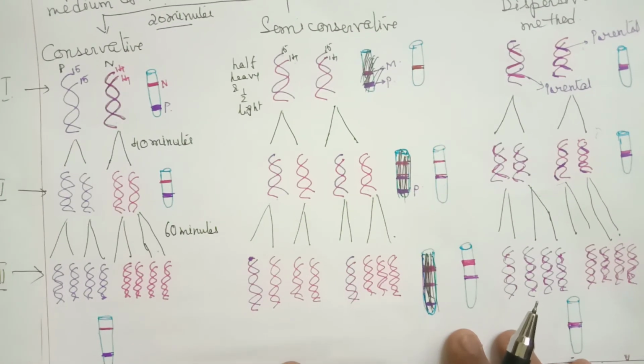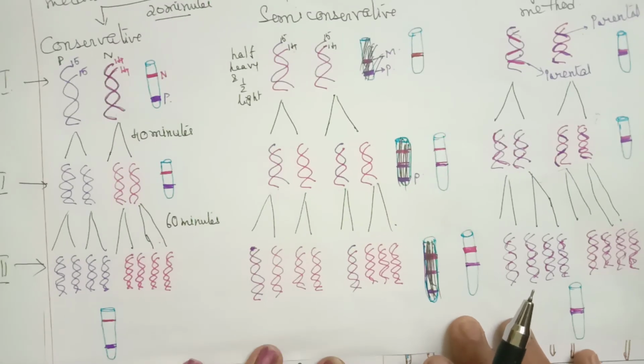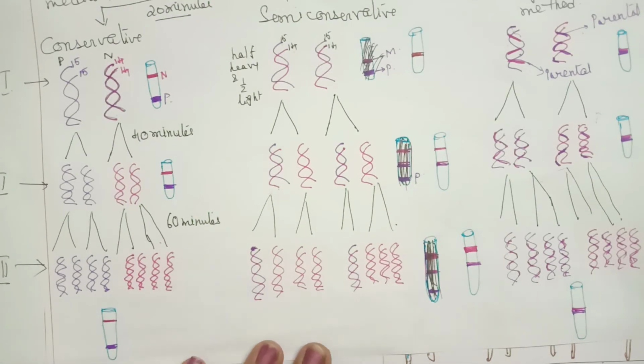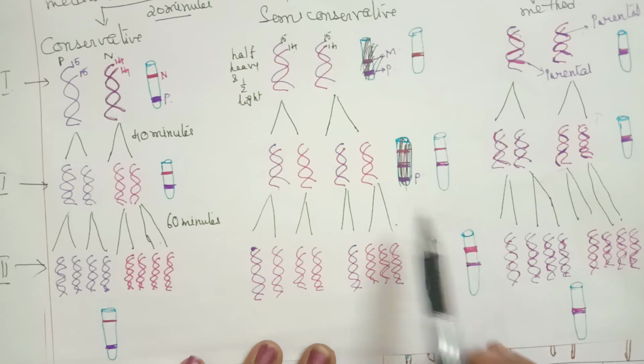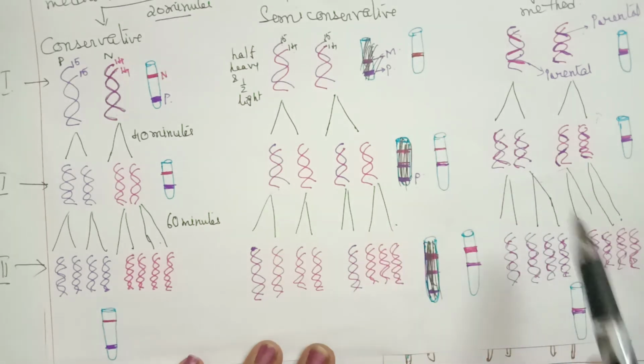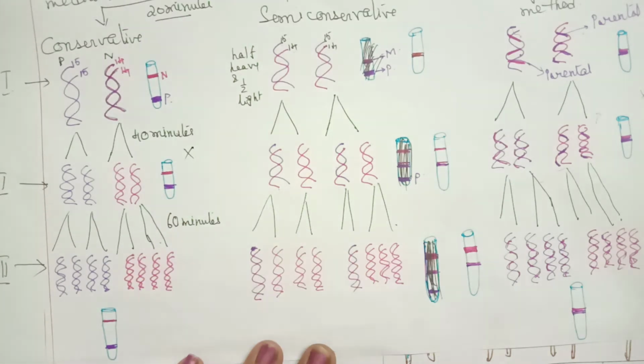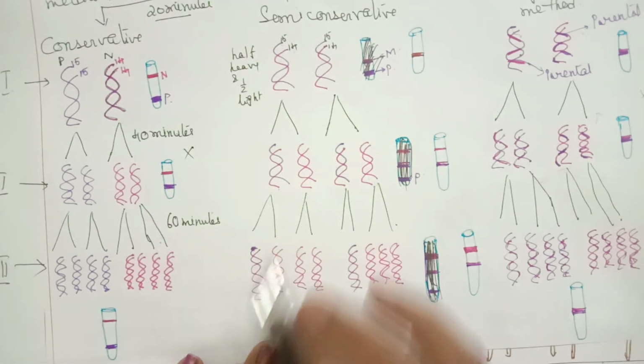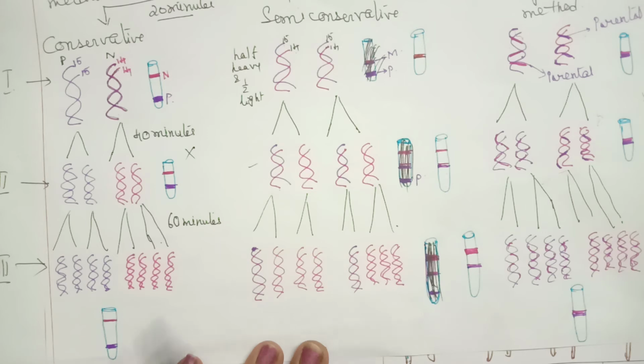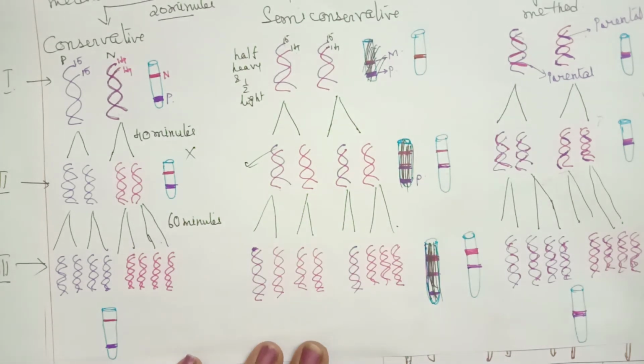Now if we observe the third generation, that is after 60 minutes, by the second generation we have eliminated dispersive and conservative also. So the only possibility is the semi-conservative method.